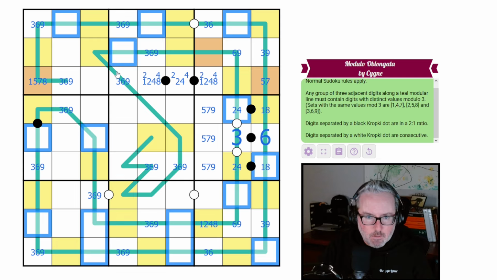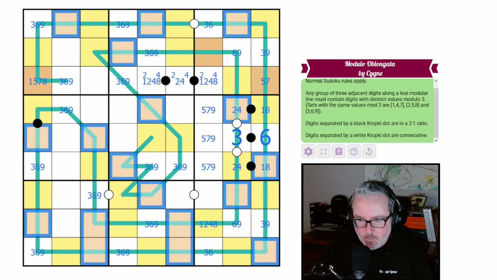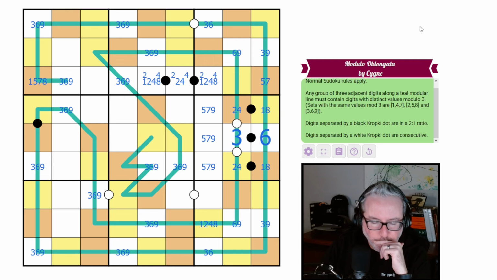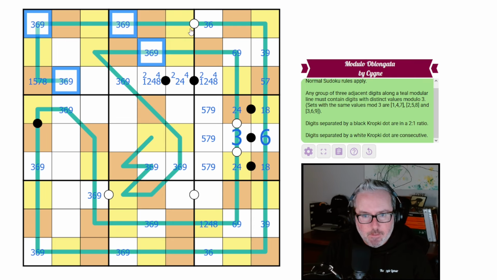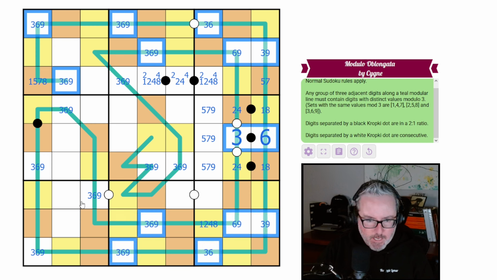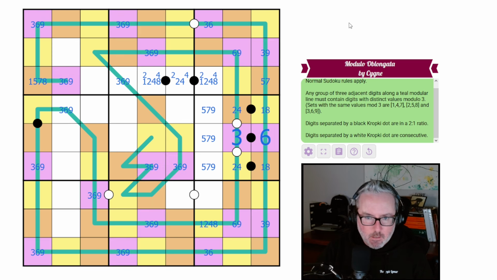That one, that one, that one, that one, and that one. Okay. I guess we should go all the way with it in terms of the coloring just to make it apparent what we exactly have going on.